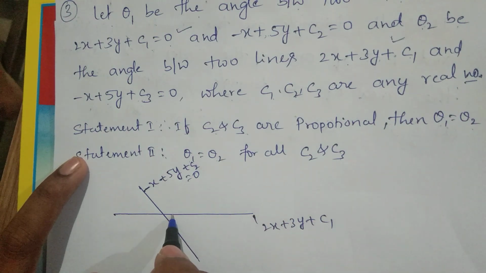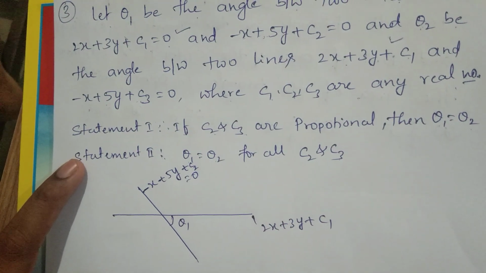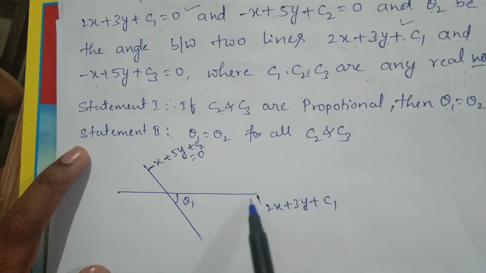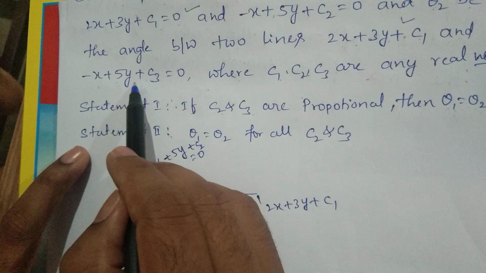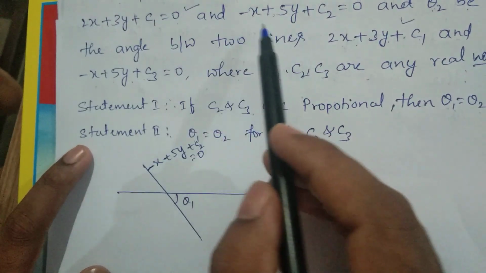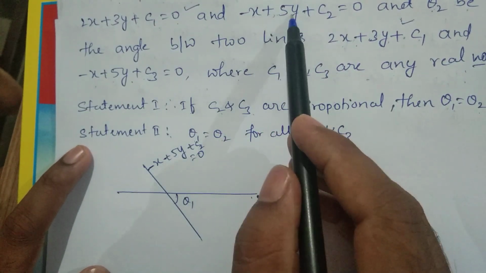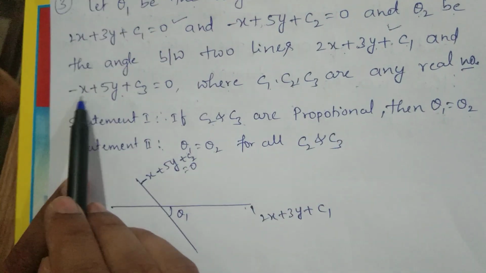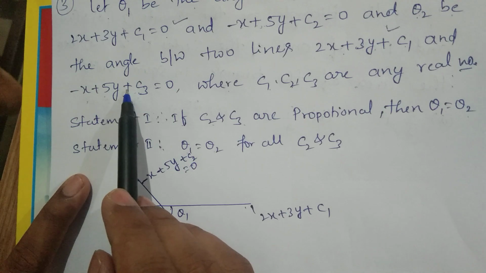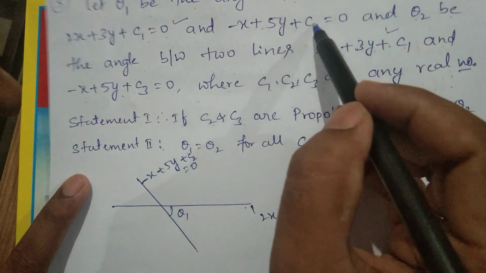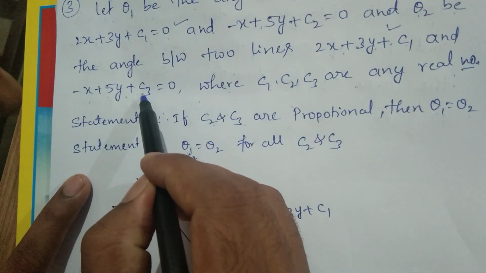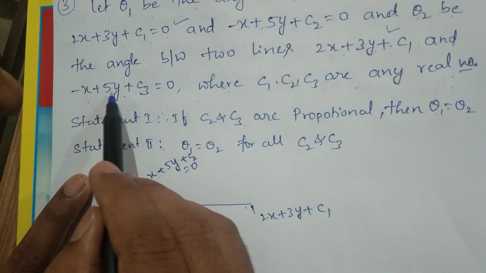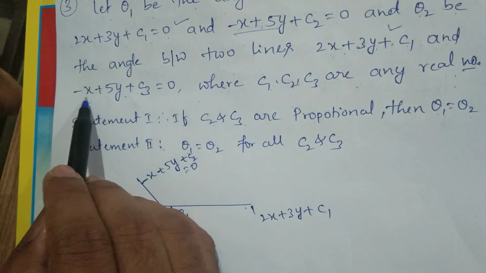Now the angle between these is theta 1, I will write. Next, the angle between this and this one, let me check it. This one, minus x plus 5y plus c2 is equal to 0, and minus x plus 5y plus c3. Here only this constant changes, but minus x plus 5y, this term is the same.